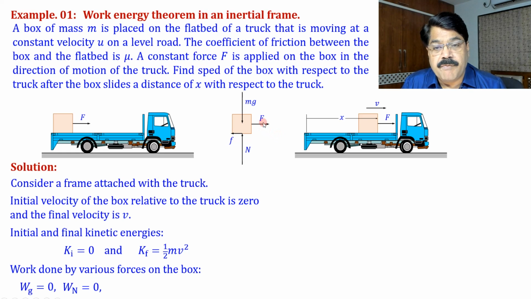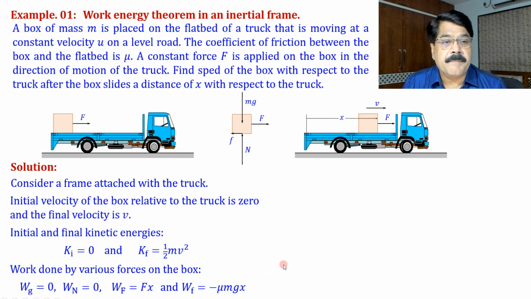Now we calculate the work done by the force F. W_F will be F into x because F is a constant force. Similarly, we can calculate the work done by the friction force. The friction force is also constant, but it is opposite to the displacement, so this work will be negative. So W by friction will be minus mu mg x, and mu mg is the magnitude of the friction force. So we have calculated the work by all the forces.